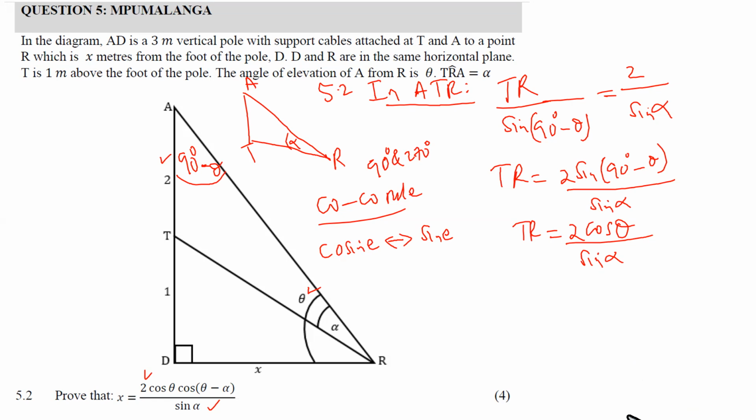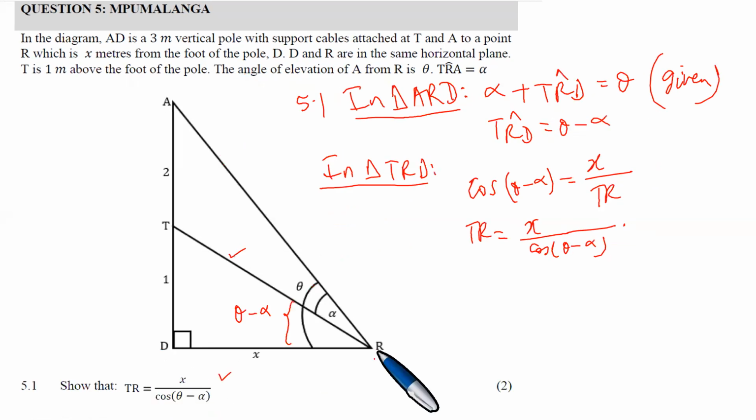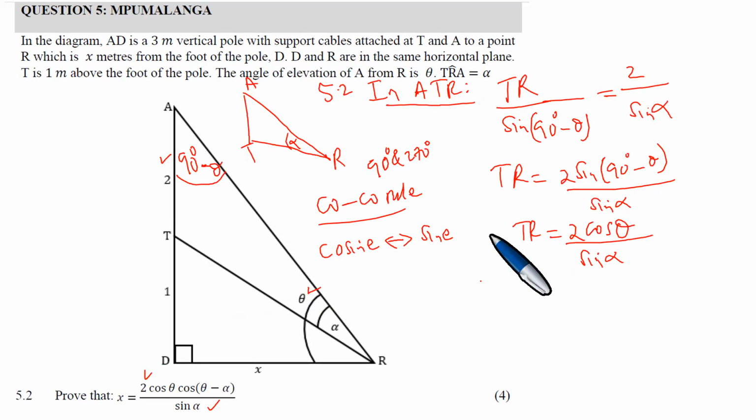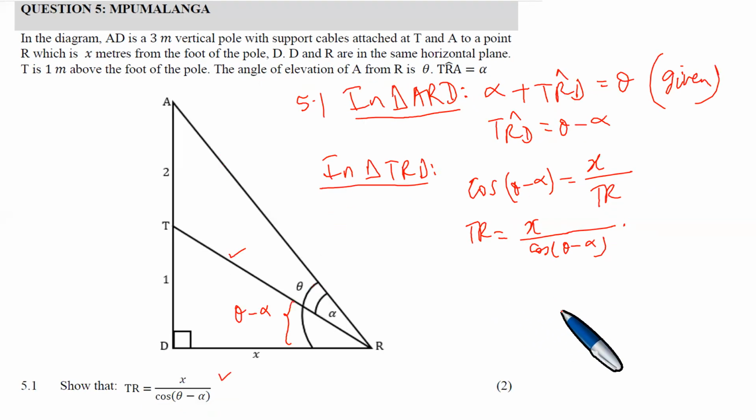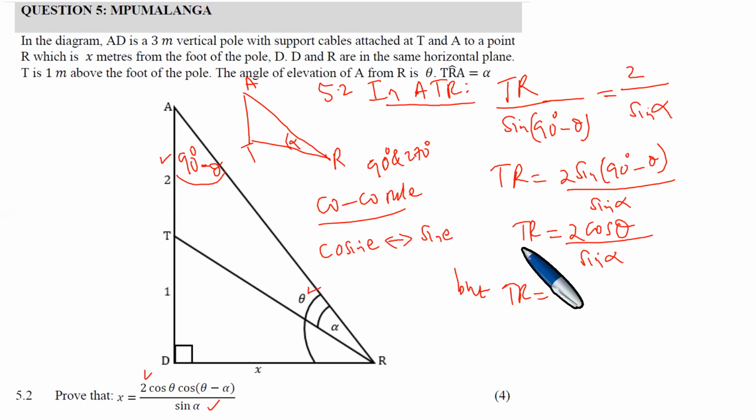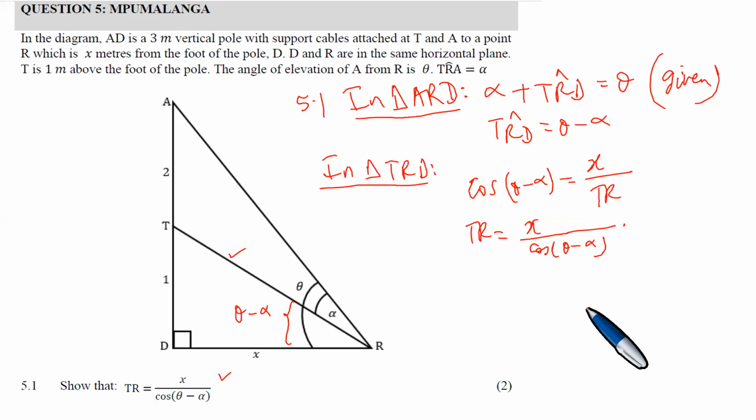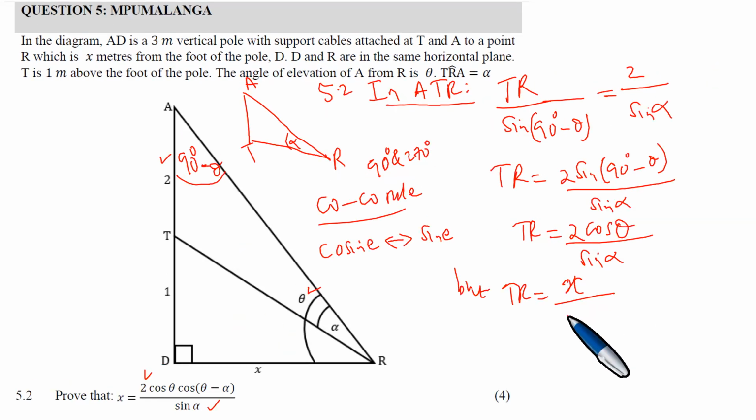But this is not exactly what they wanted. So we need to just go one step back. We got TR was this, but TR was written like this. So TR was x over cosine of theta minus alpha.